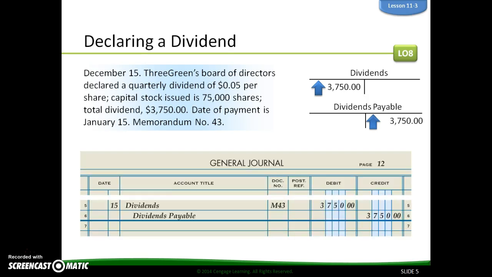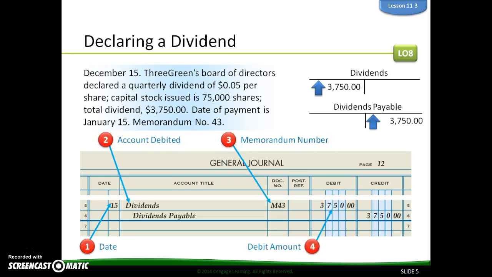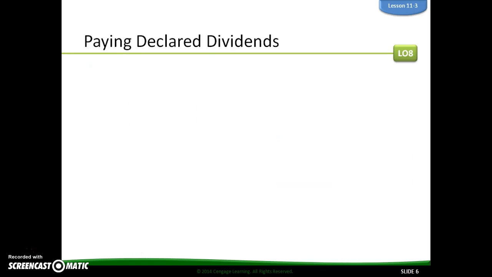So as we look at our general journal entry here, again, it's December 15th. The account that we're going to debit is dividends. We're using our memorandum 43 to put this in our general journal, and the account that we're crediting is dividends payable. Again, it's a liability, so it's something we have to pay. Then in January, we're going to actually pay this previously declared dividend.